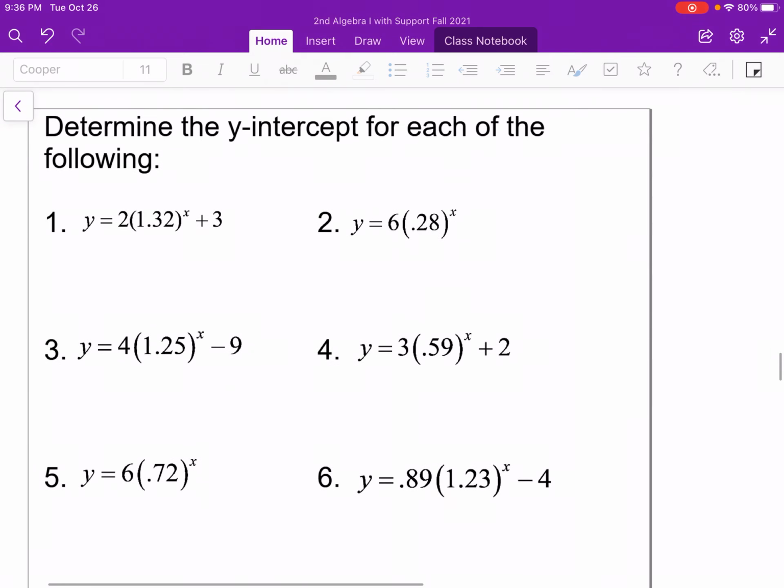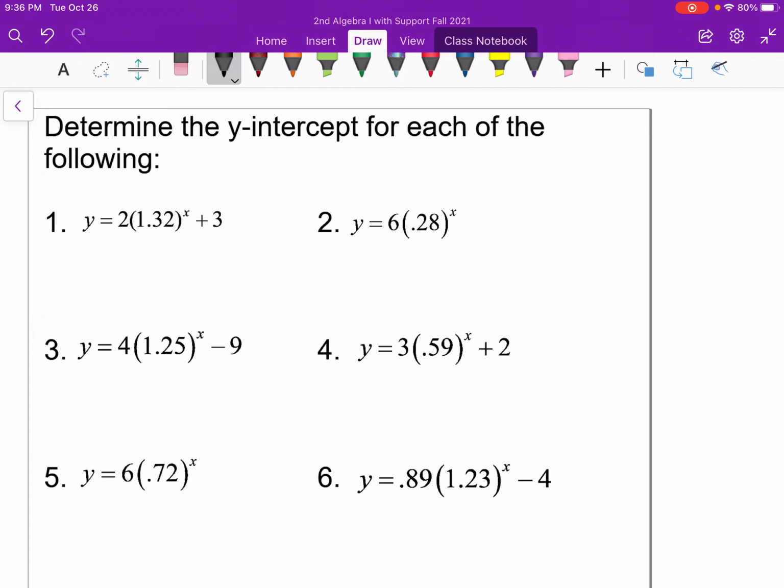So we're going to find the y-intercept for each of the following. So I'm going to plug in 0 for x. So I have y equals 2 times 1.32 to the 0 plus 3. So notice, I took this x and I plugged in 0 there. And that's because in the x spot, for a y-intercept, x is 0.